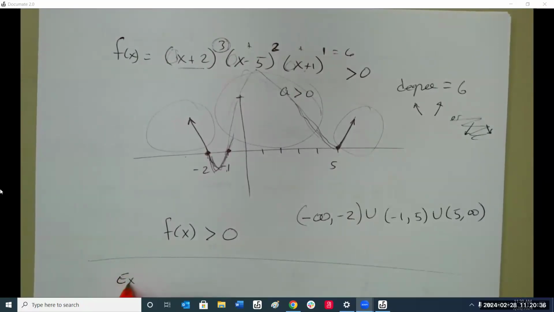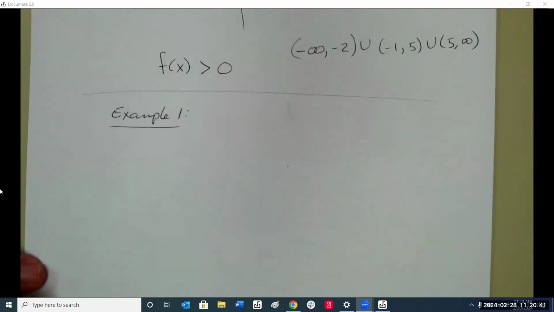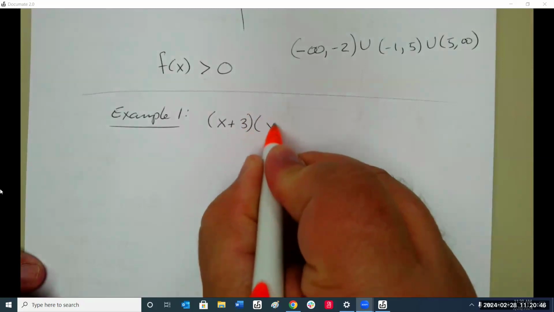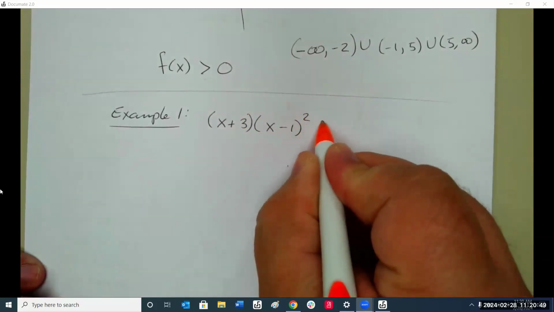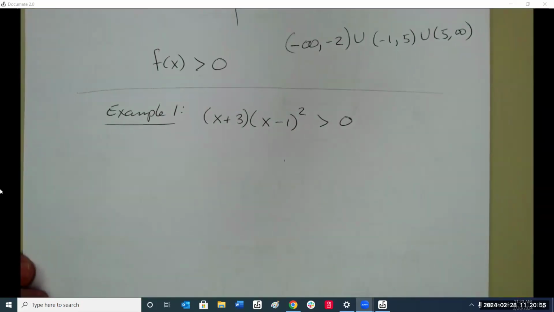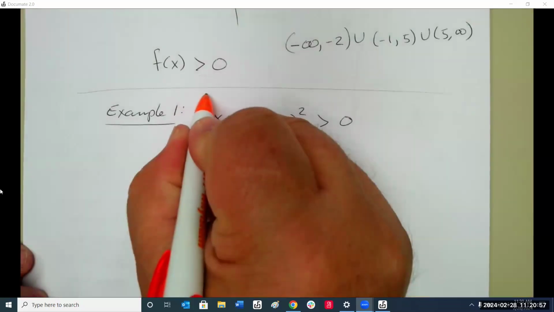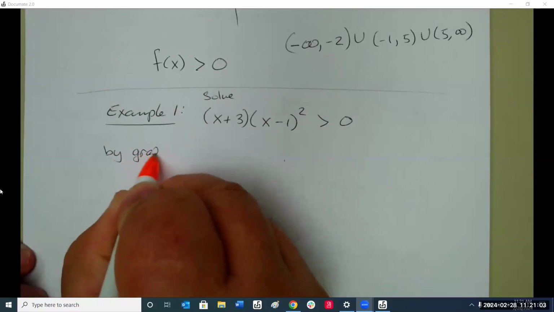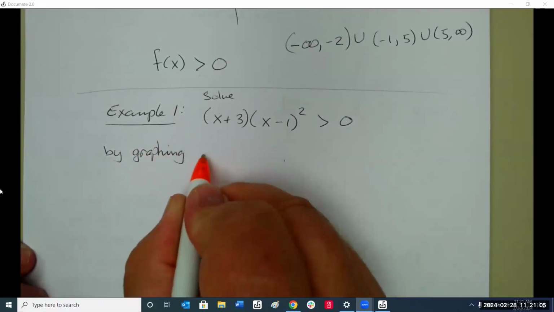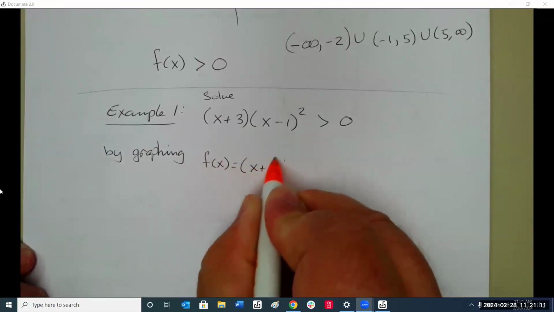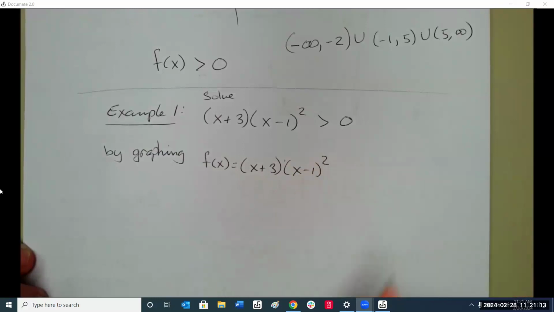So here's example 1. X plus 3, x minus 1 squared. It says solve this by graphing f of x, x plus 3, x minus 1 squared.